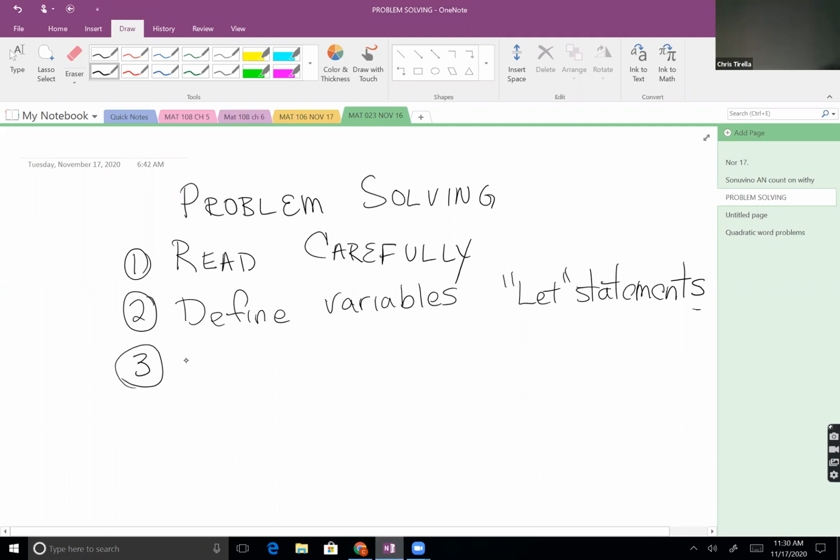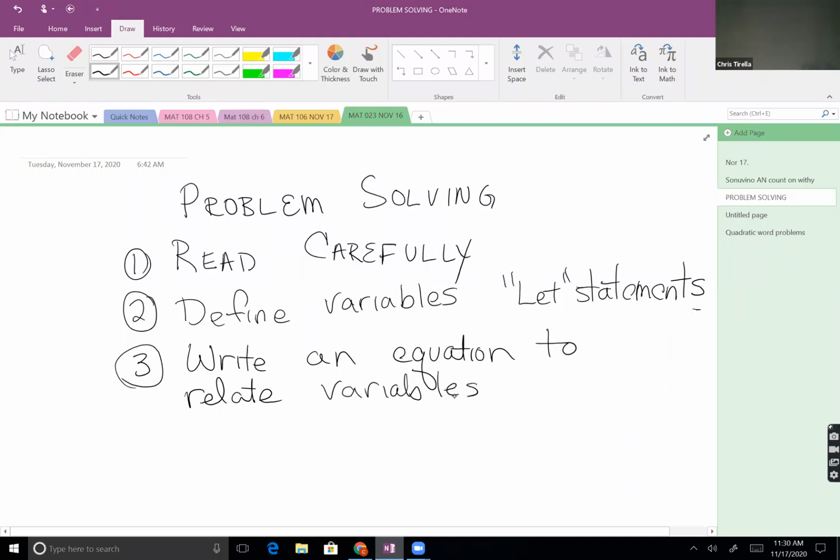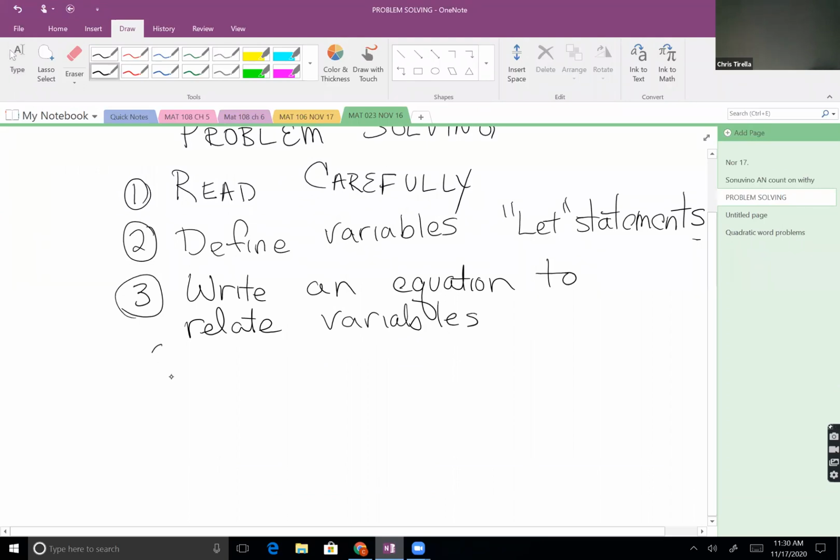Then we're going to write an equation to relate the variables. I'm going to add in here sometimes a picture's worth 1,000 words. Draw a diagram.